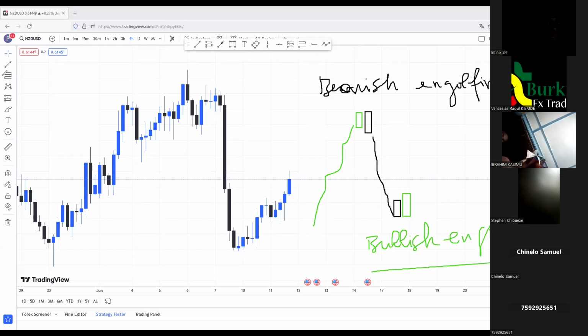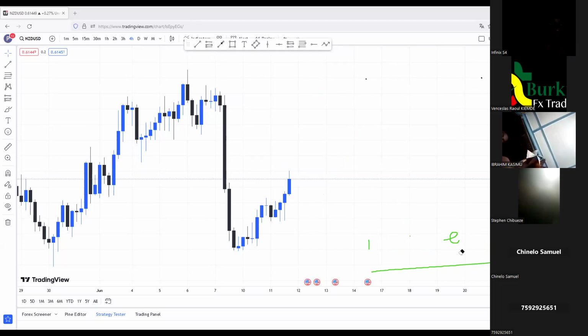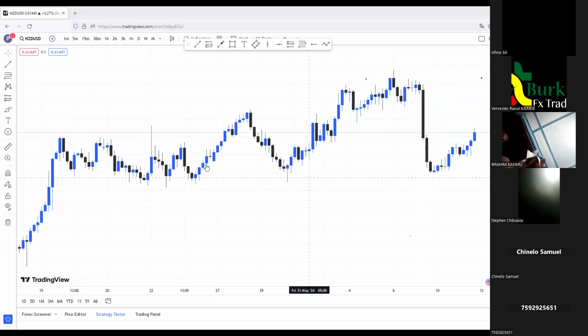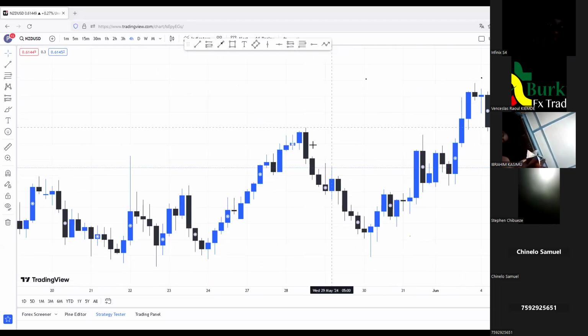So let me find some examples in the market for you. If you see here, we have this up candle that is blue, and after this you have the down candle that is black.